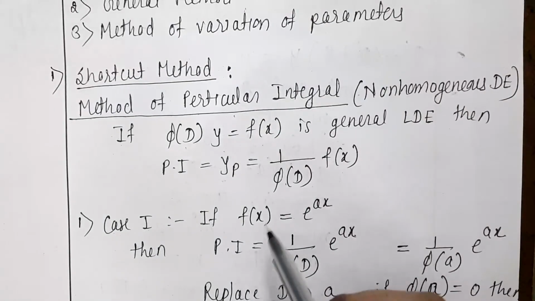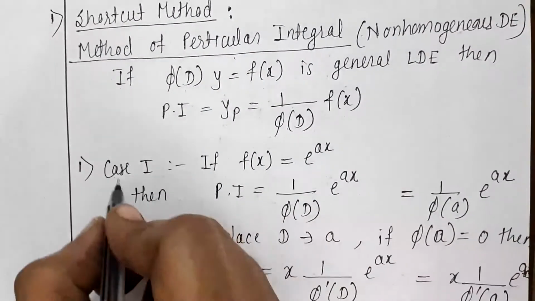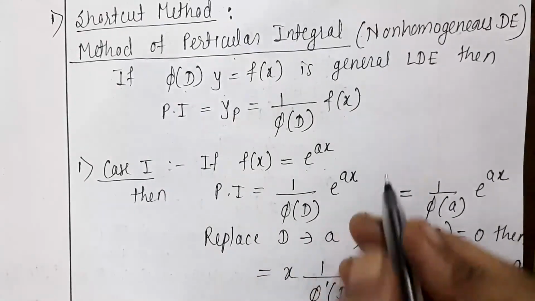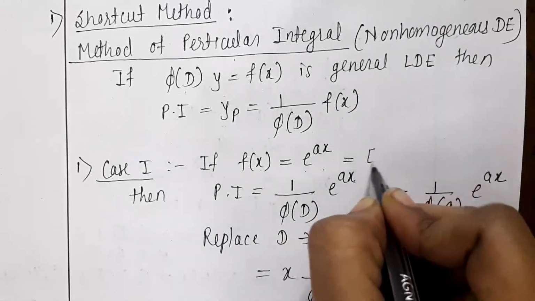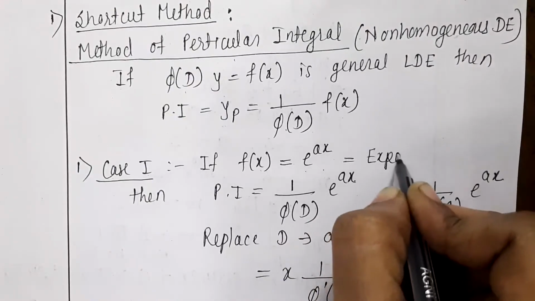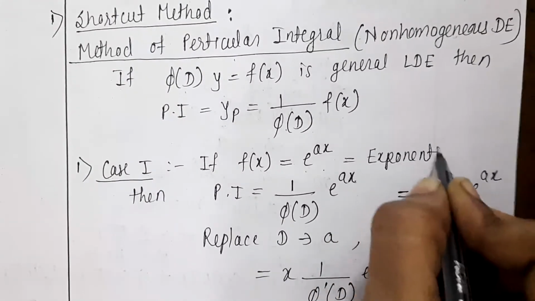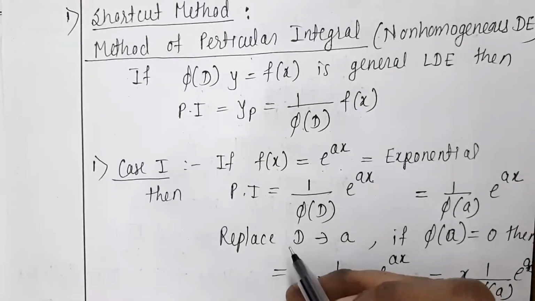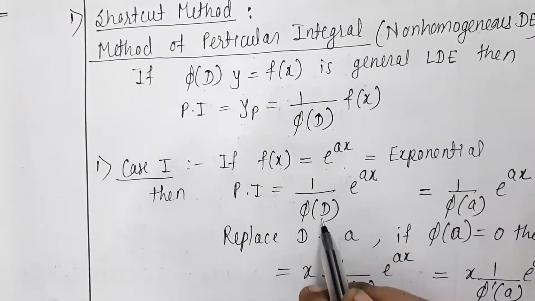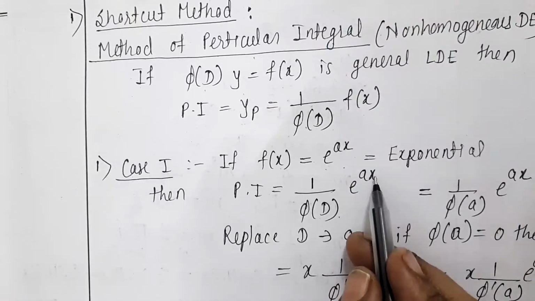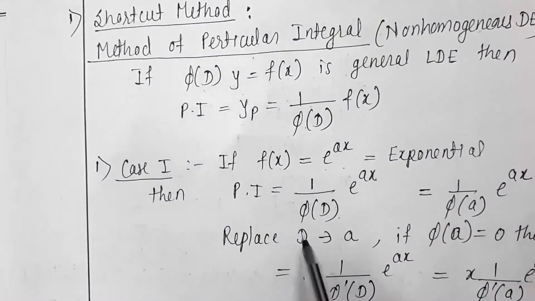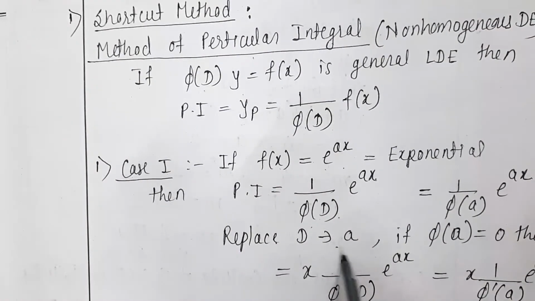Now there are 7 cases. So case number 1 is if f of x is equal to e to the power ax. E to the power ax means it must be of exponential order. If f of x is in the form of exponential order, then particular integral can be written as 1 upon phi of D e to the power ax, which is equal to, to simplify this, replace D by a.